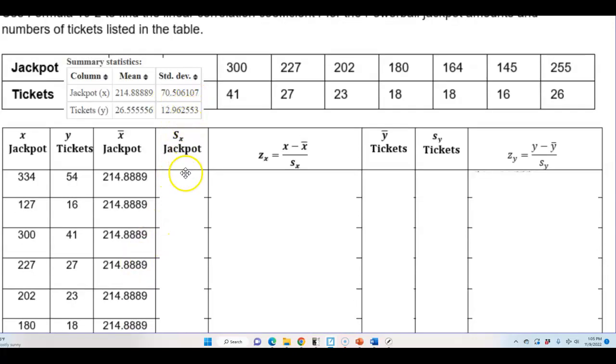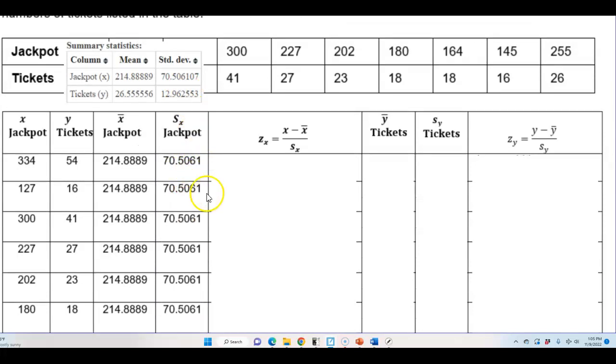And the standard deviation for the values of x is 70.506107. So we get 70.5061, and we just rounded that to 4 decimal places.